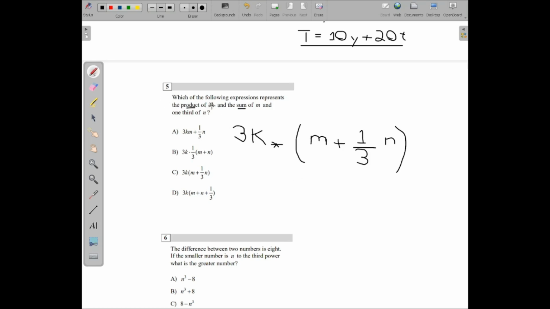The product of 3k and the sum, the addition of two terms, m and 1/3 of n, which is answer C.